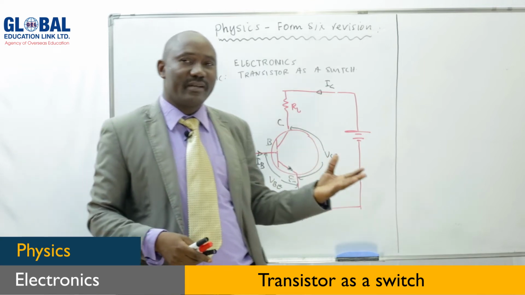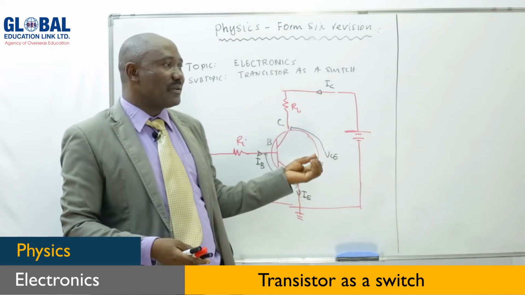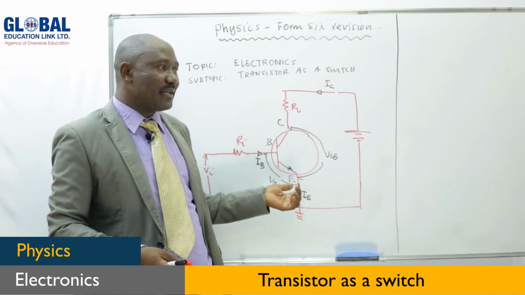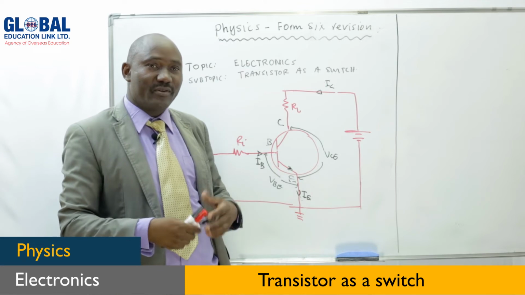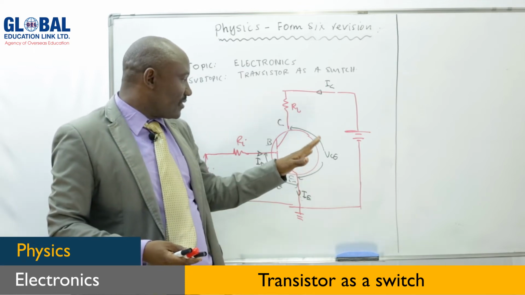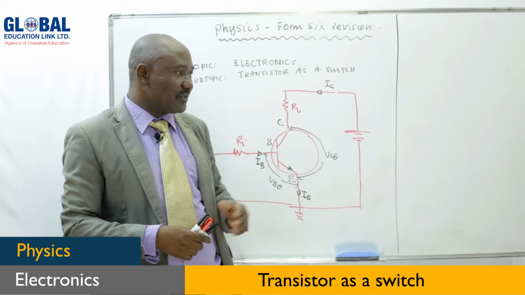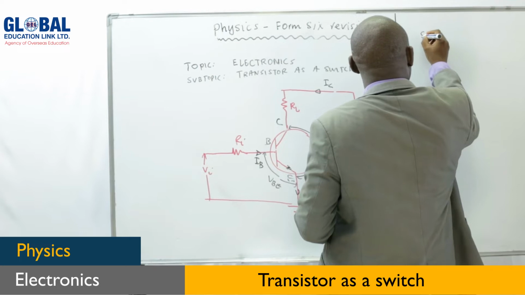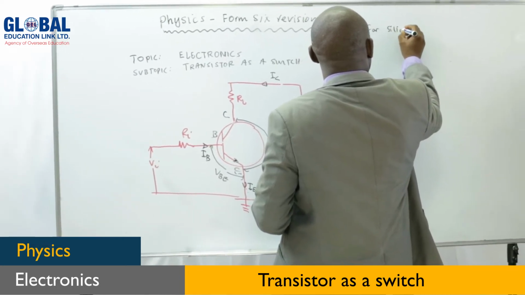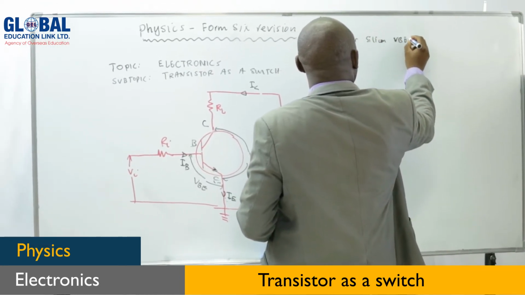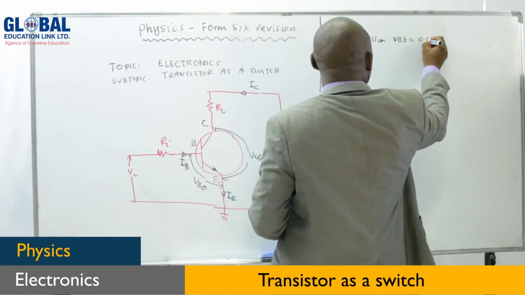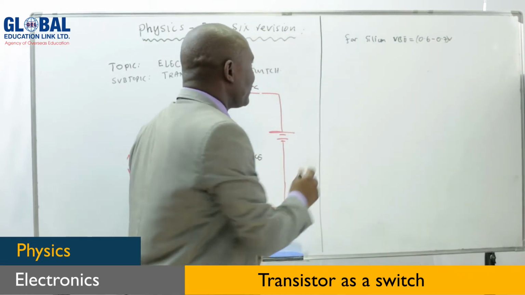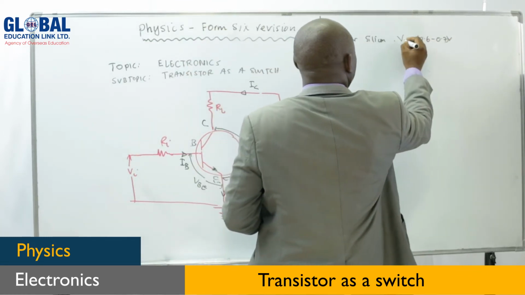We can use NPN or PNP, and transistors made from silicon or germanium. We prefer silicon, if you remember from the class, and we know the reason why we normally use silicon transistors instead of germanium. So for silicon, the base voltage varies between 0.6 and 0.7 volts, and the voltage across there varies from there.